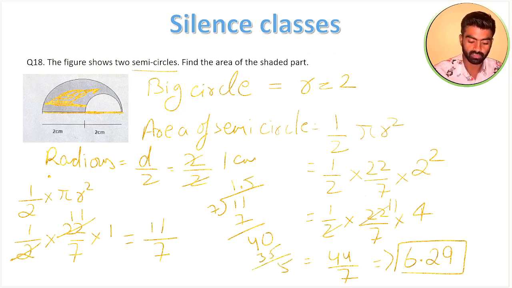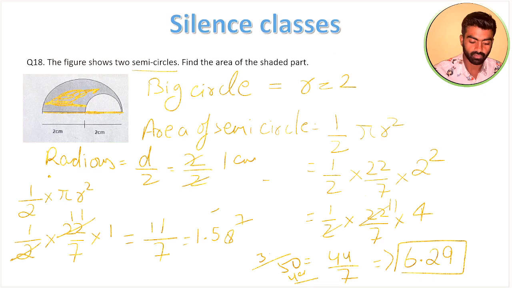So I got 5. Again, I can place 0 over here. 7 7s are 49. So I can write it down as 1.57 or 1.58. I can write it down like this, 1.58.